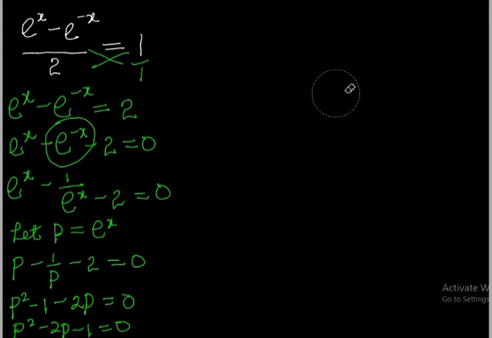Now going forward, let's compare this with ax squared plus bx plus c equals 0. In doing that, we discover that the coefficient of the first term here, there's an invisible 1 here.